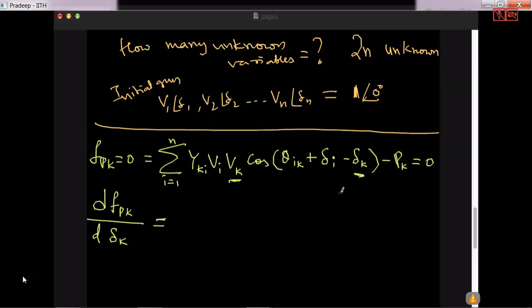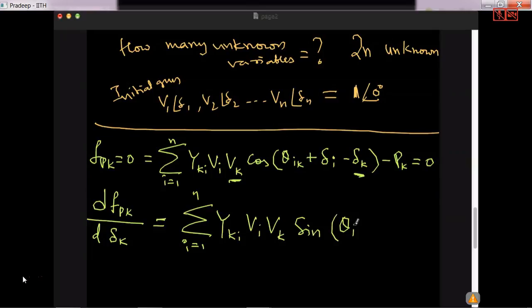Now when you differentiate with respect to delta k, this coefficient will remain the same. The differentiation of cos is minus sine, so it will become sine. The differentiation is the sum from i equal to 1 to n of yki vi vk sine of (theta ik plus delta i minus delta k).